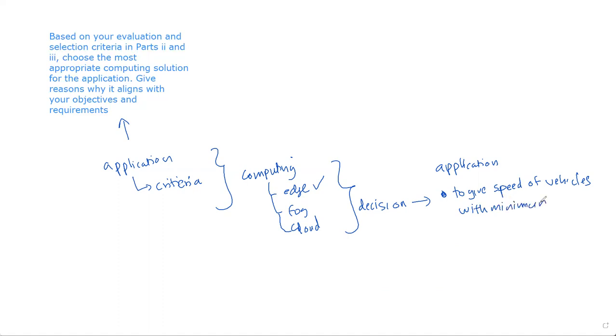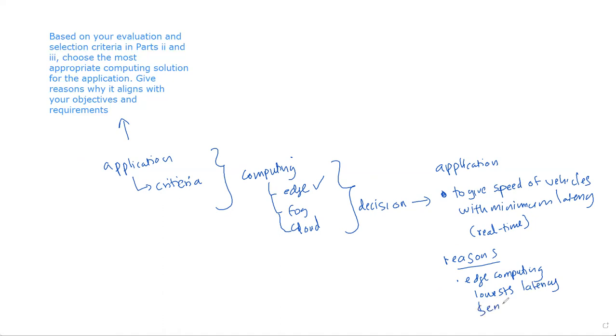So with minimum latency in real time, you can justify with some reasons that edge computing, for example, has the lowest latency due to the sensors being located very near to the server or the access point, sorry, the computing location.